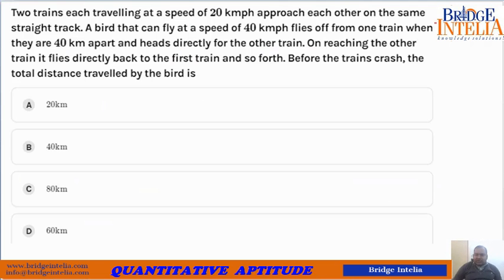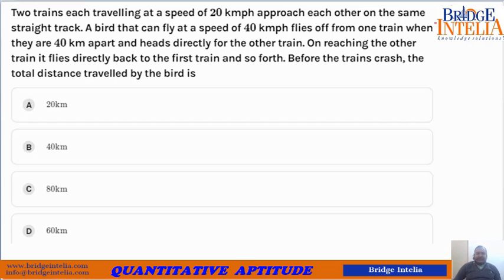Now this is a very good question and a very common one on top of that. So you'll have to be very attentive when we solve this together. So anyways, let's read what the question says. Two trains, each traveling at a speed of 20 kilometers per hour, approach each other on the same straight track.